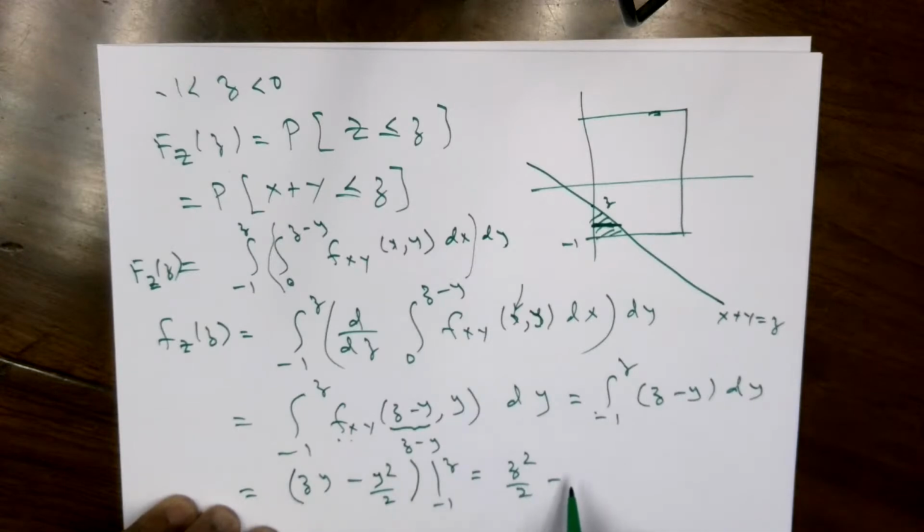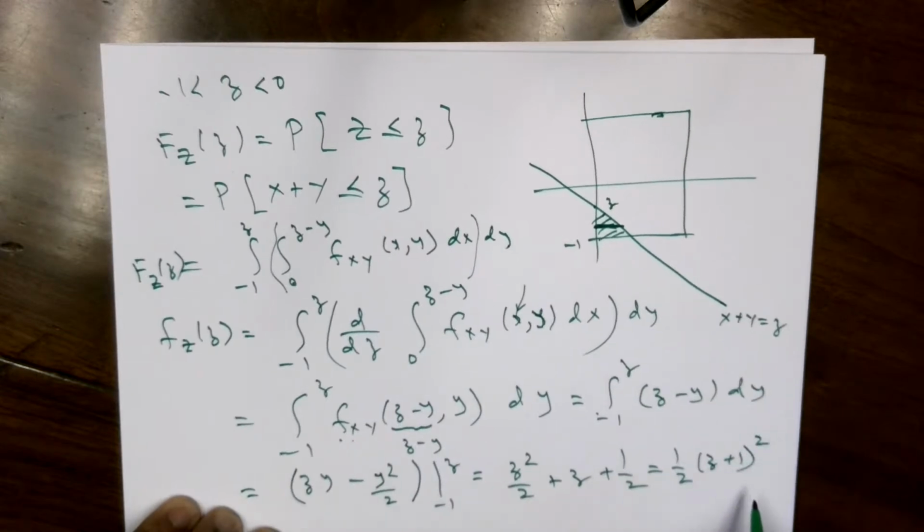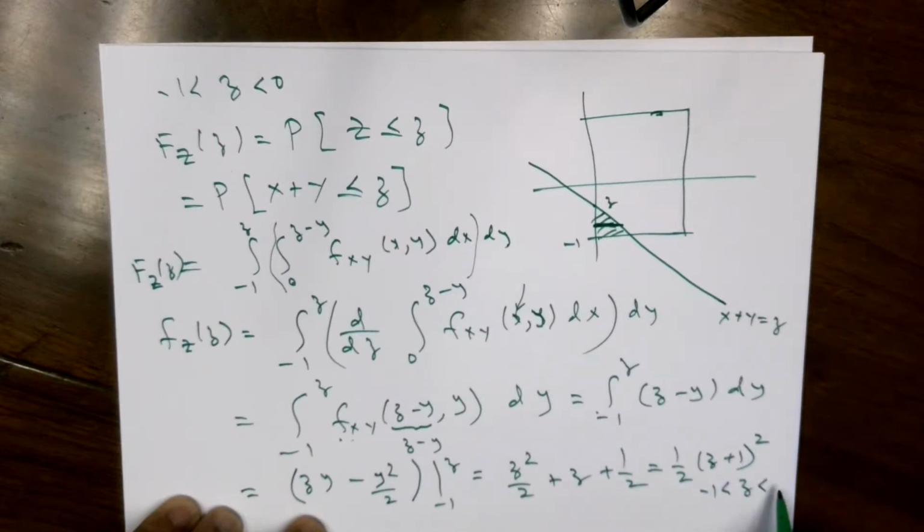And for the bottom limit, you get minus of minus z, so that's plus z, and here minus of minus 1 squared by 2, so that's plus half. If you pull the 2 outside, you can see that this simplifies to this. So that's the answer for z between minus 1 and 0.